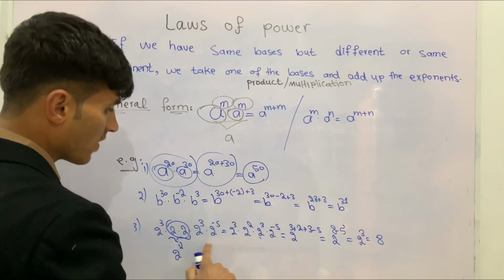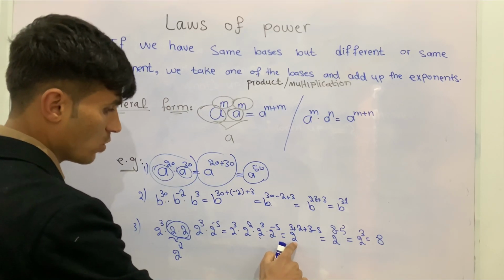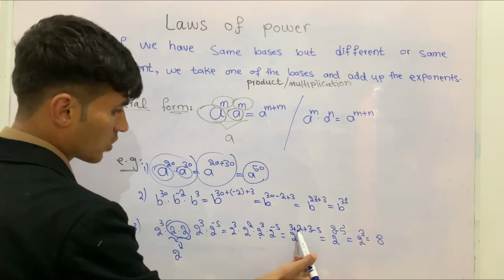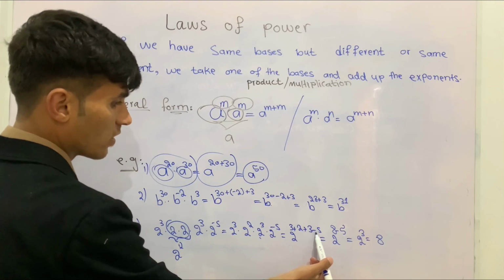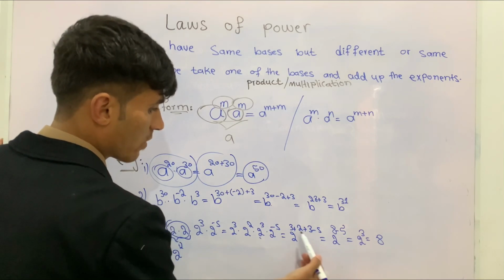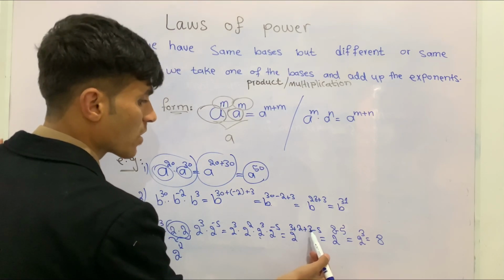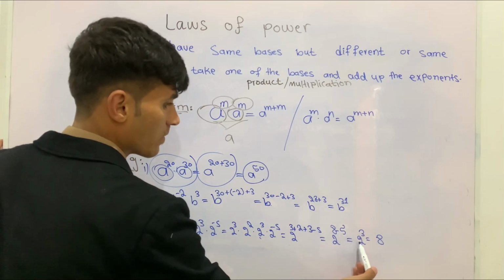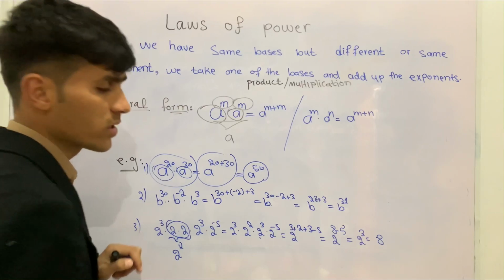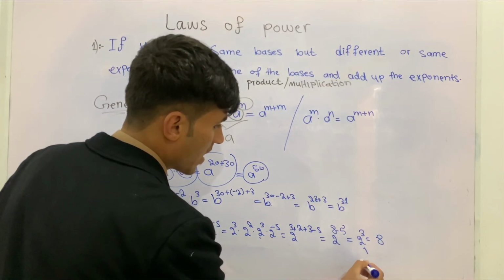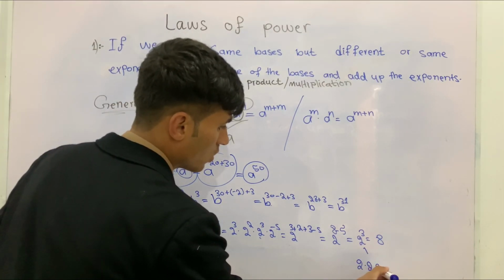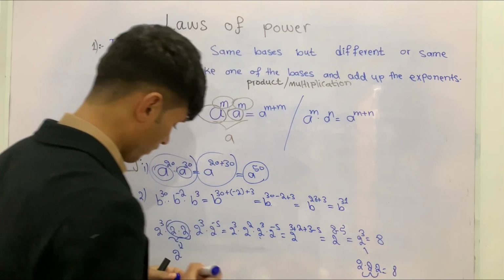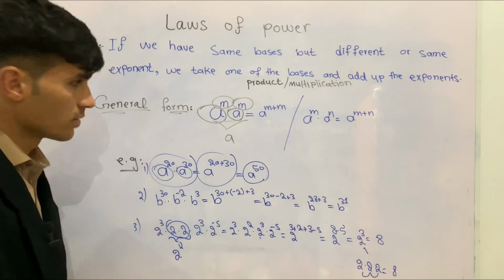We have just the same base, 2, and add up the exponents: 3 plus 2 is 5, 5 plus negative 5... wait, 3 plus 2 is 5, plus 3 is 8, 8 minus 5 becomes 2 to the power 3. 2 to the power 3 equals 8. 2 to the power 3 means 2 times 2 times 2: 2 times 2 is 4, 4 times 2 is 8. I hope you got it.